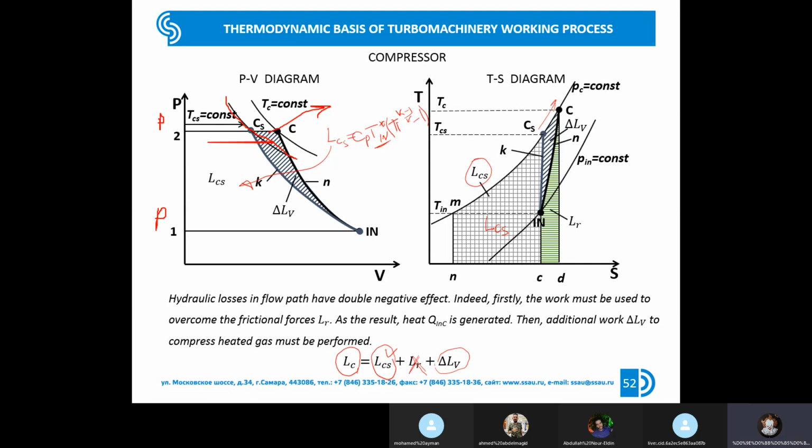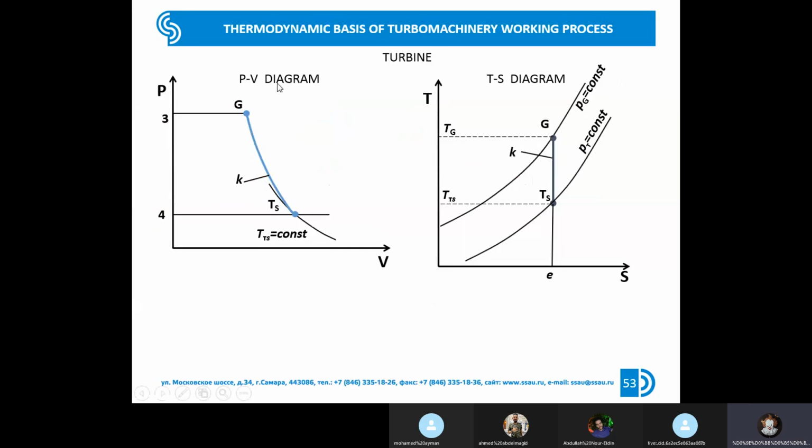So let's do the same analysis for the turbine, for the expansion process. In the turbine, we have high pressure at the inlet of the turbine, and we have starting point G. In the ideal process, we have adiabatic expansion, and it completes at point TS, which corresponds to the final pressure P4 and ideal temperature TTS.